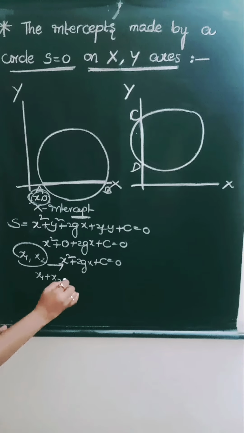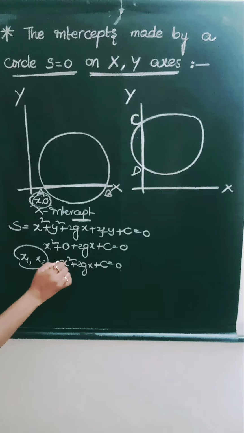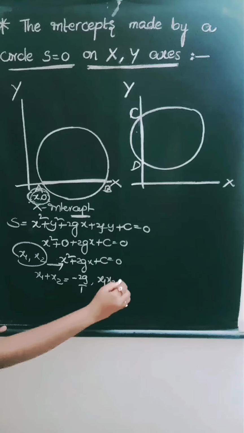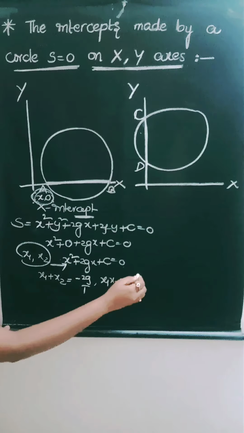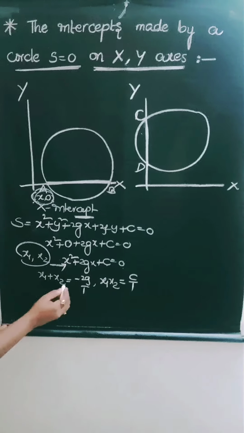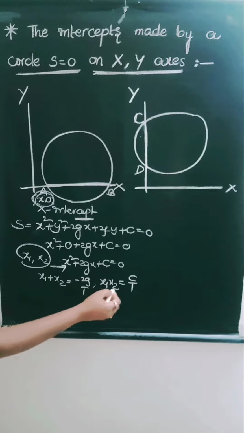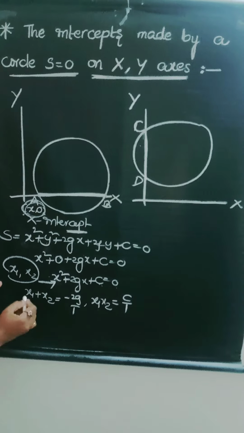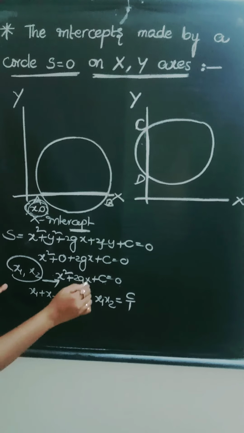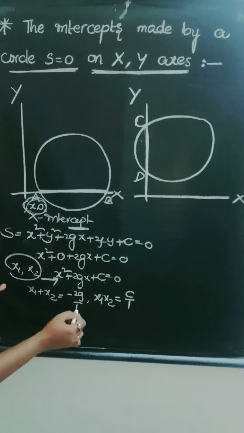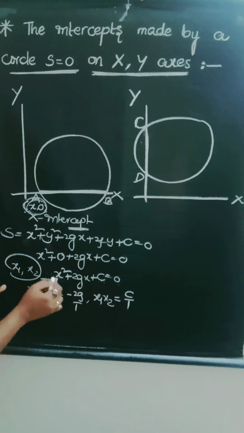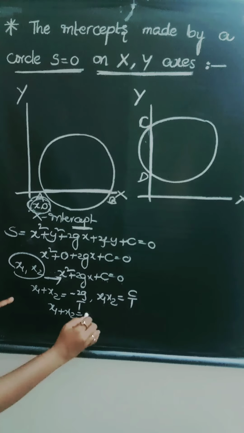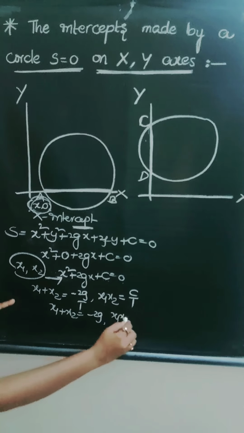Sum of the roots x1 + x2 = -(x coefficient)/(x² coefficient), that is -2g/1. And the product of the roots x1 x2 = constant/(x² coefficient), that is c/1. Therefore x1 + x2 = -2g and x1 x2 = c.